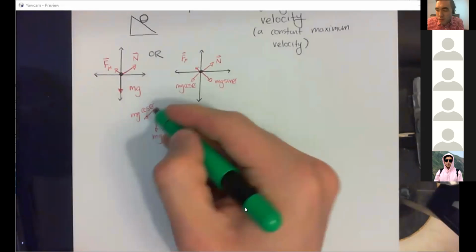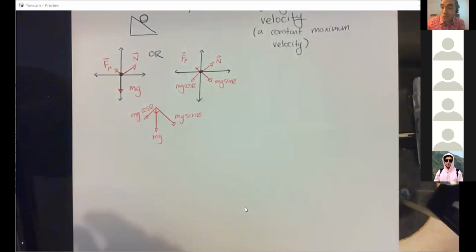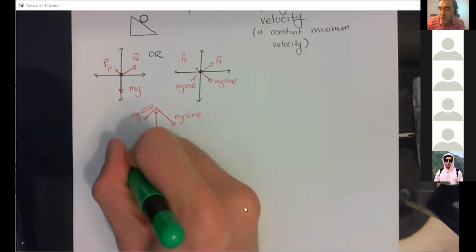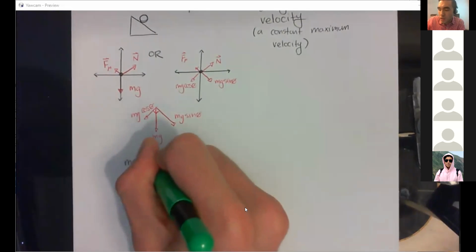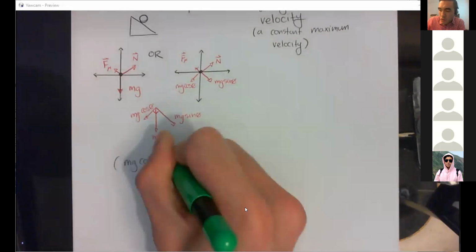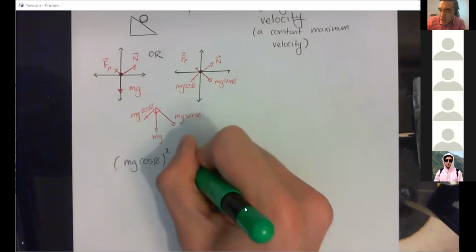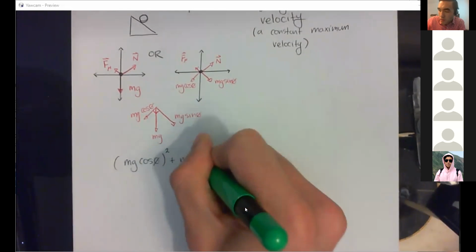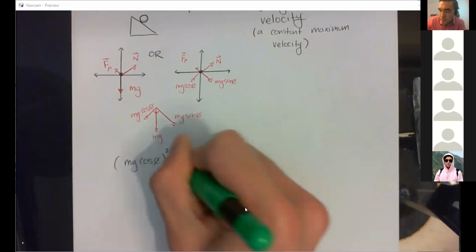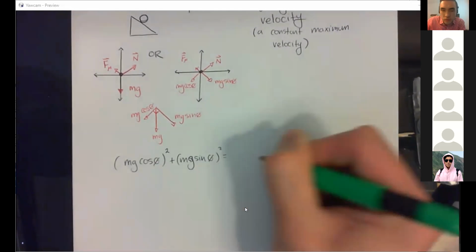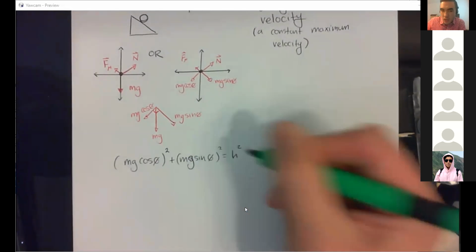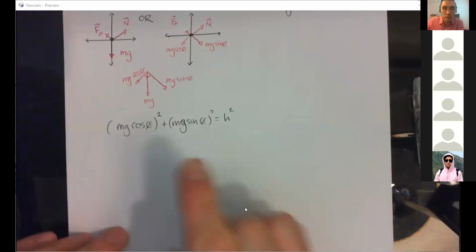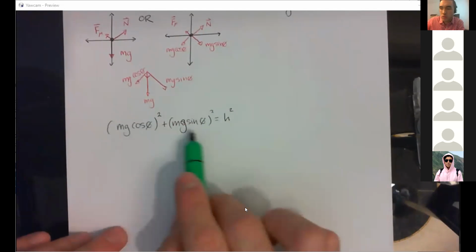So here's the argument. Mg cosine theta, mg sine theta, they're 90 degrees to each other. So if I want to add them up, it's actually mg cosine theta squared plus mg sine theta squared will give us whatever our sum is, which I'll just call h squared, right? The sum of these two things, so long as they're 90 degrees to each other.